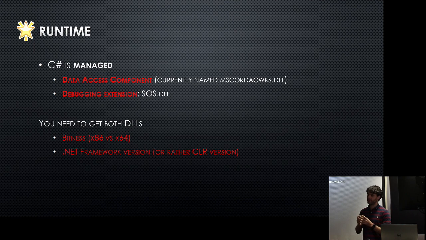And in case of doubt, just grab all of them. Just do a where.exe command and you'll see all the SOS.DLL files present on the target machine, and just copy all of them locally. Because in WinDbg, when you issue commands and things go right, you don't get outputs, but when things go wrong, you get error messages. So quite often you just say, okay, that didn't work, I'll just grab the other file.